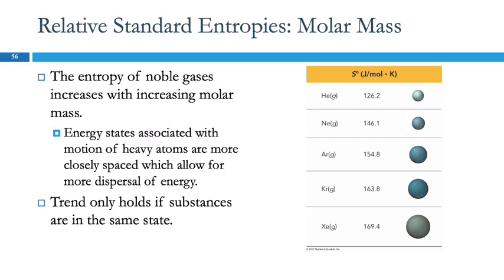You can only compare entropies if the substances you're looking at are in the same state. You can't compare a solid to a gas. You can only compare gases to gases or solids to solids.